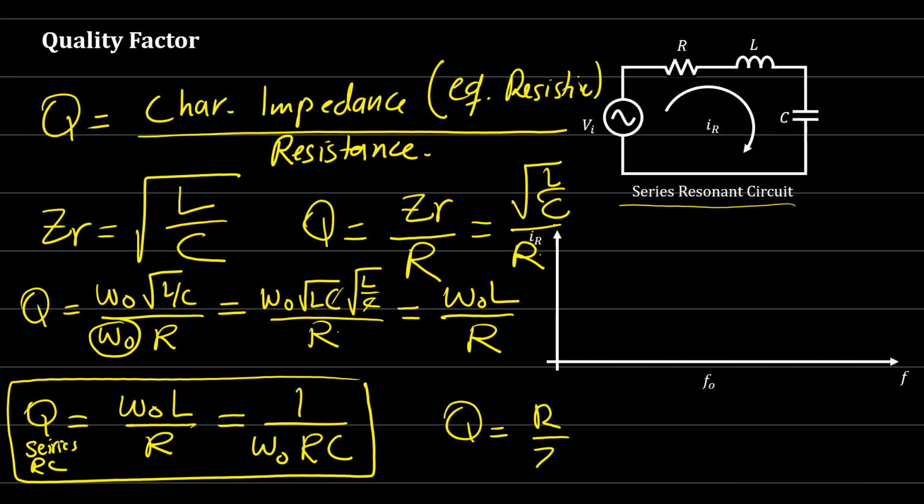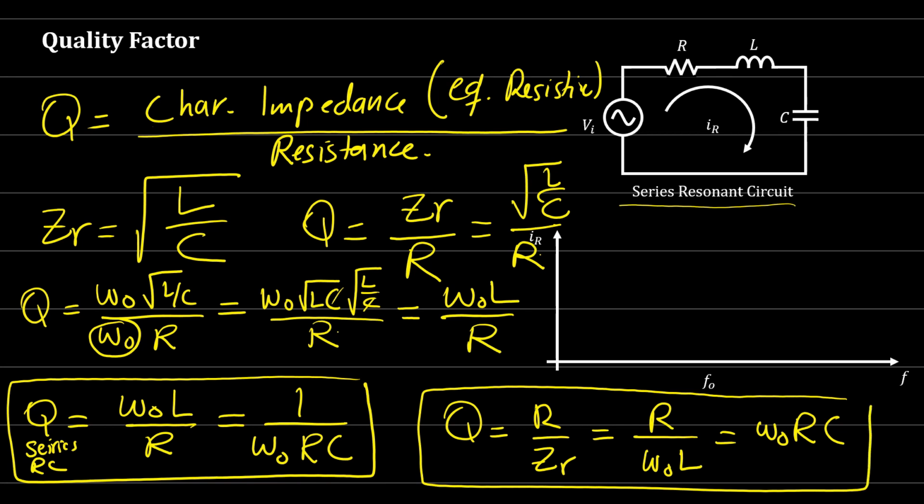R over Z_R, which is R over ω0 L, which is ω0 times RC. For the parallel resonant circuit, we need to make sure that our capacitor and inductor act as an open circuit. For the series resonant converters, we need to make sure that our capacitor and inductor act as a short circuit.